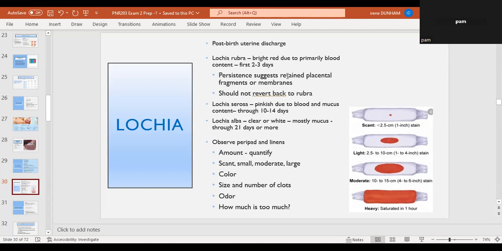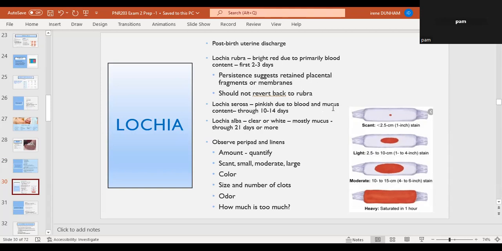So that's where this education really is very much needed, because she needs to go back to the hospital. Okay, because she could hemorrhage. Now, sometimes they have a question like that, so you want to read that carefully so that you know that's not normal. When she goes from rubra to serosa and then goes back to rubra, that's not a good sign. Placenta fragments, okay, or membranes.